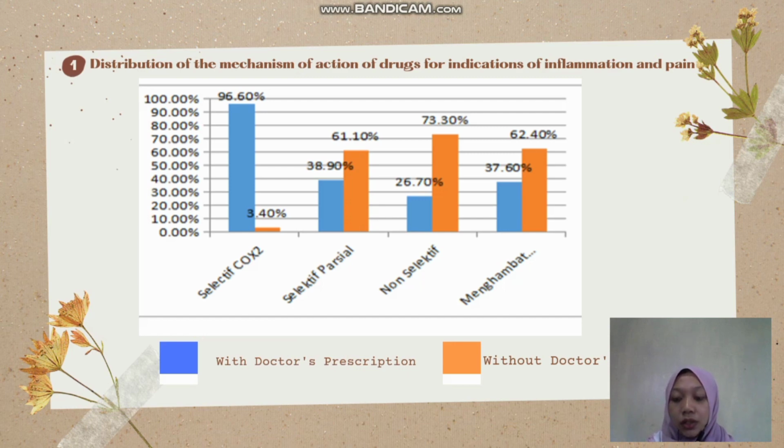The distribution of non-steroid anti-inflammation drugs is based on their classification. First, based on a doctor's prescription, non-steroid anti-inflammation drugs with a COX-2 selective mechanism were prescribed by doctors at 6.6%.